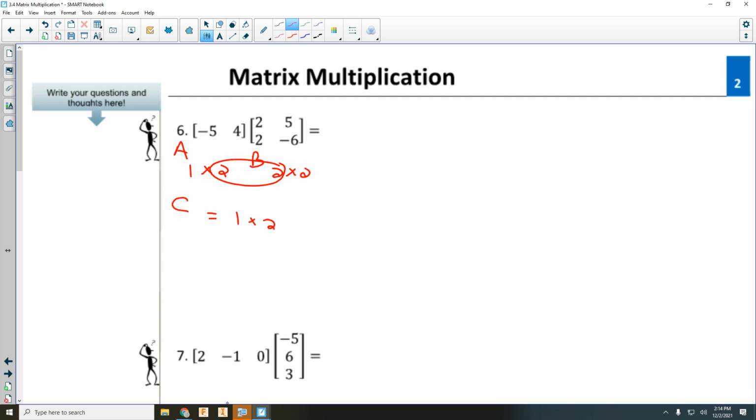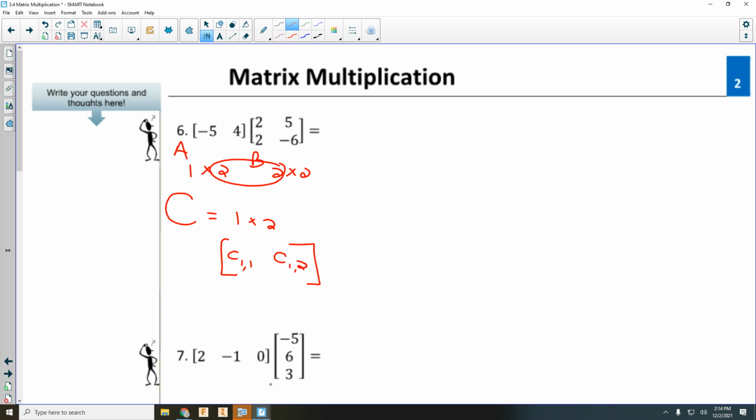So 1 by 2 means what? 1 row and 2 entries. Usually to name the elements, this is a capital C, and the elements are lowercase. So we have C11 and C12.